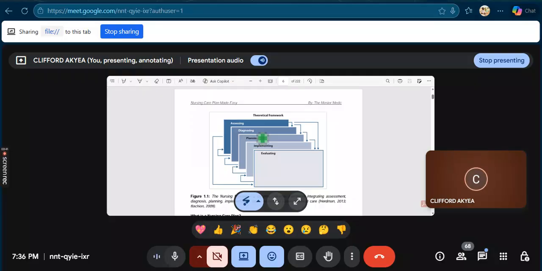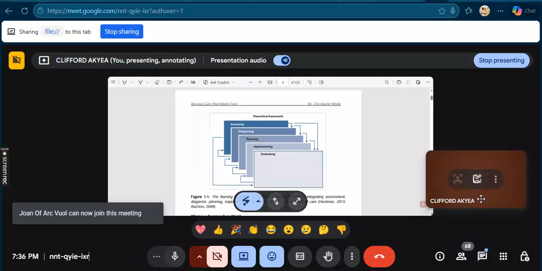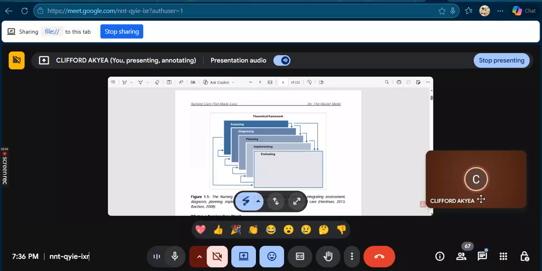After all the things you want to do for patients, what do you expect to happen? If a patient is having difficulty breathing, what do you expect to happen to the patient after all the necessary interventions you want to give? That is the expected outcome, or the outcome criteria.